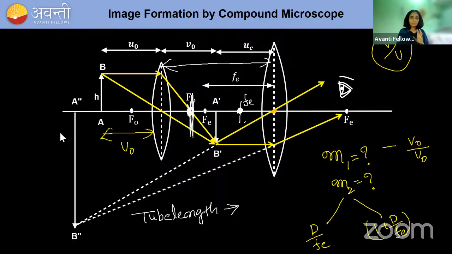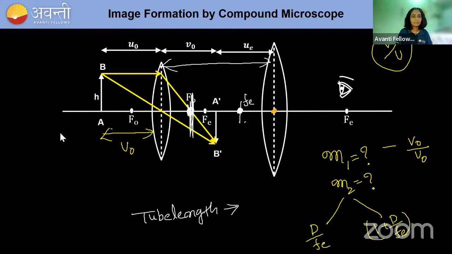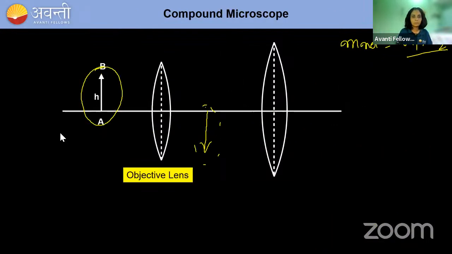Okay, that thing I've discussed in class also, why it is happening actually. Let me discuss in the previous diagram, because that is more clear. Magnification by objective, that is M1, will be more when, if you remember image formation in case of convex lens, if this is the focus and this is center of curvature, real magnified image we get when object is kept between C and F. And as our object moves towards F, that magnification increases even further.